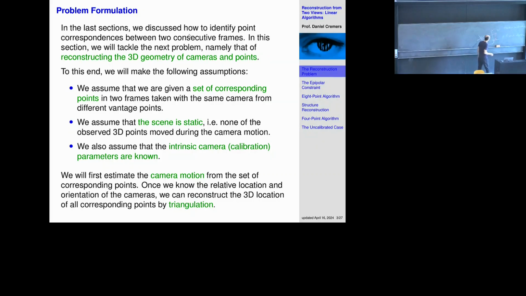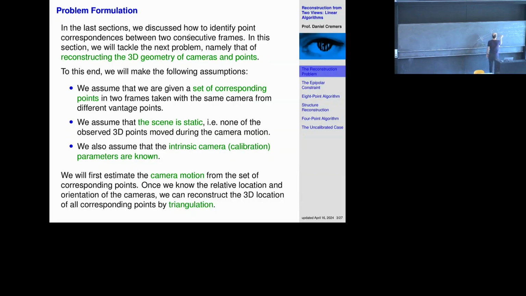There is an alternative term nowadays, often in short SFM, structure from motion, is the acronym. There is another term that is popular, simultaneous localization and mapping. That acronym is in short SLAM.